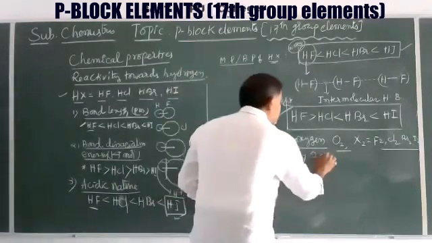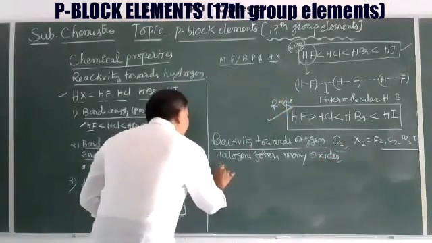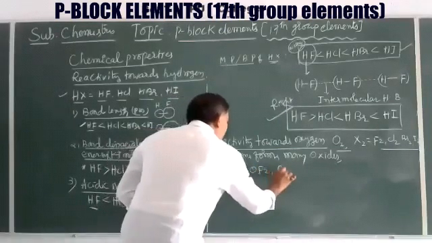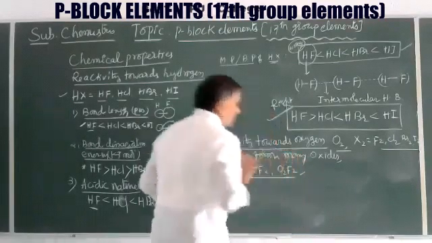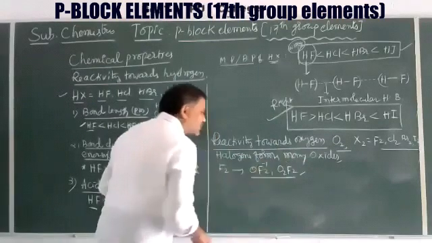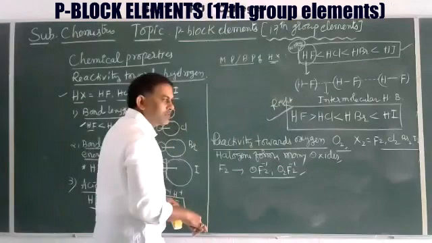Among these, fluorine F2 forms only OF2 and O2F2. These two are formed. In these, fluorine is always in the -1 oxidation state.